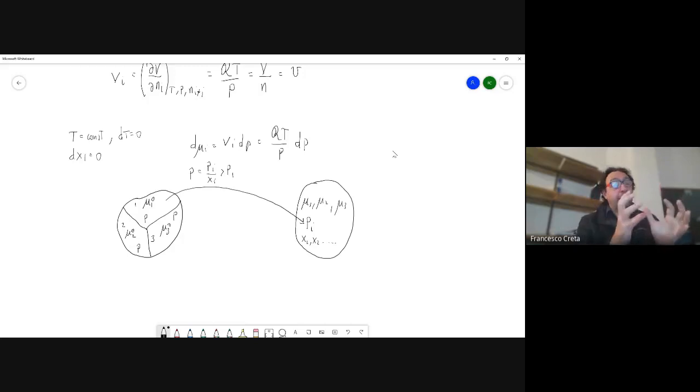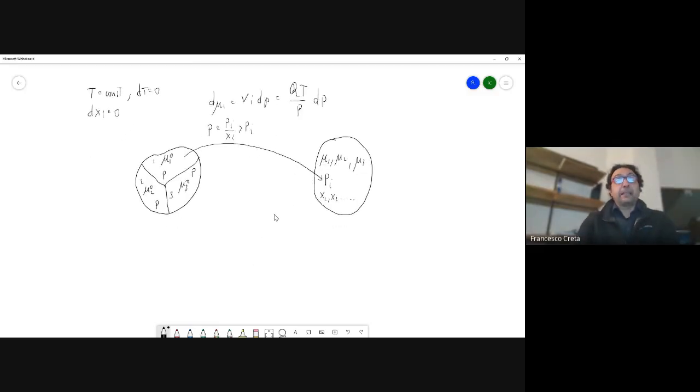We're expanding, okay, by removing these internal constraints. We are expanding the subsystem to its final partial pressure in the mixed system, okay?